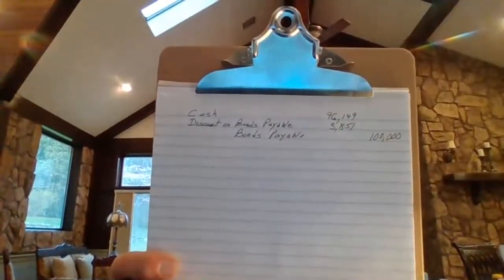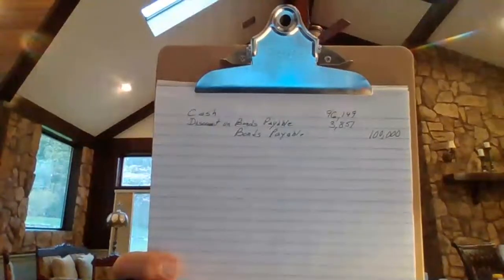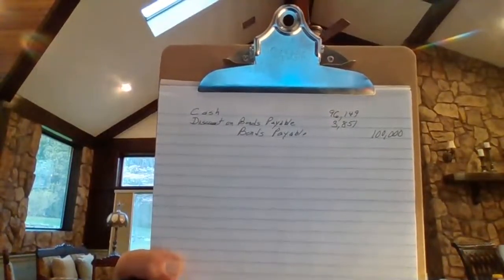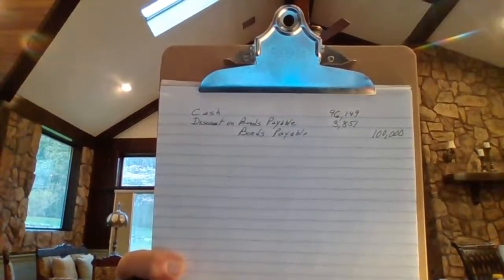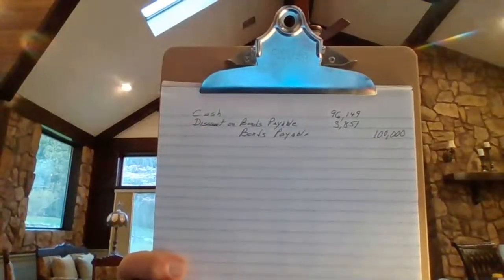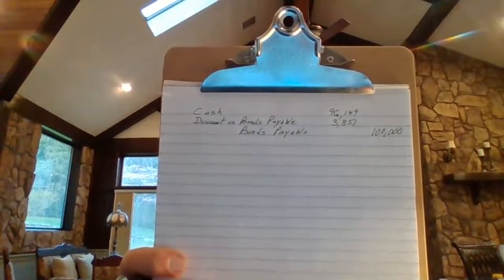And again, you can determine that it's a discount because the proceeds from the sale, $96,149, was less than the face value of the bonds. So if they sell for less than face value, it's a discount. If they sell for more, it's a premium. Now, the reason they did that is the market rate of interest was 10% and the bonds were 9%. Market rate is higher, bonds will sell for lower.